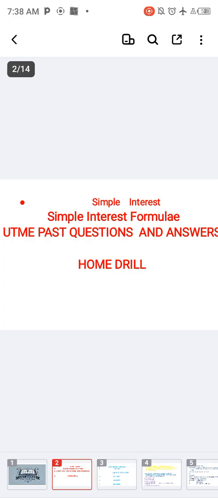Now, there are 4 variables in our dealings with simple interest. The first variable is the interest, which is the simple interest. The second variable is the principal. The principal is the amount that is borrowed.